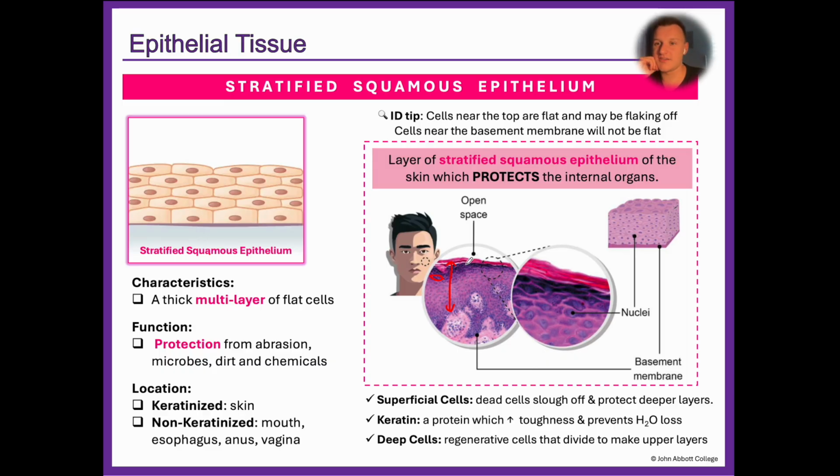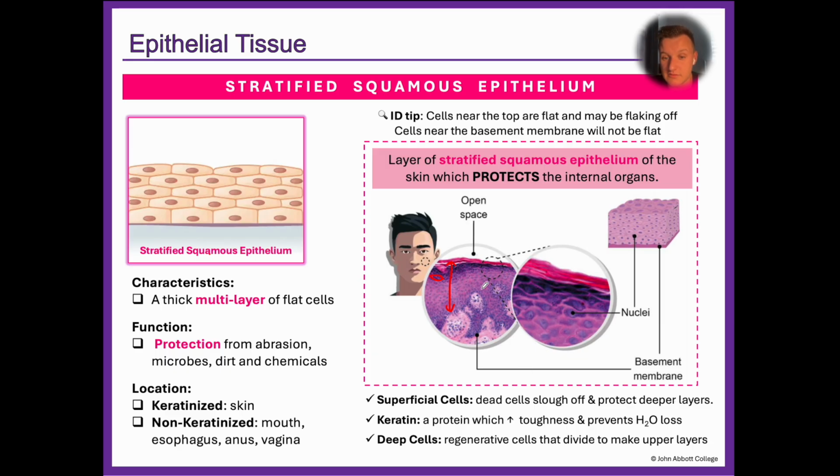Fun fact, if you don't have a pet, most of the dust in your house is actually your skin cells that are just sloughing off and accumulating on the floor. It's dead skin, right?